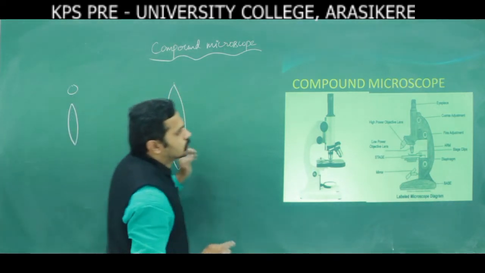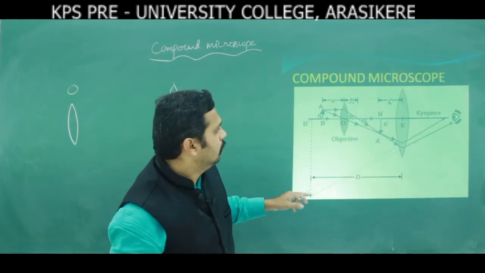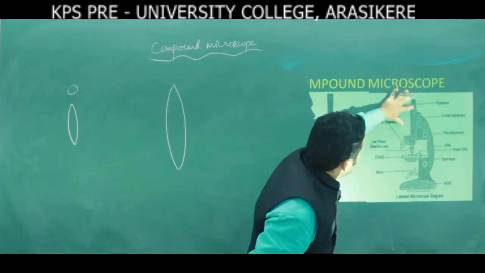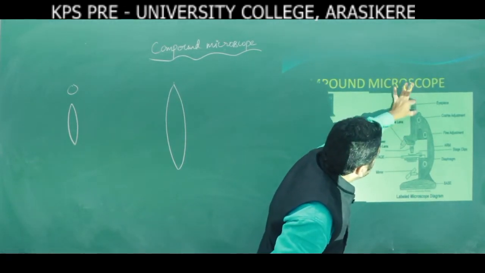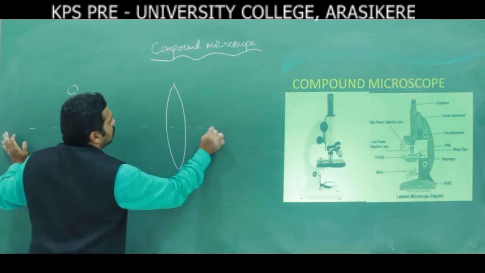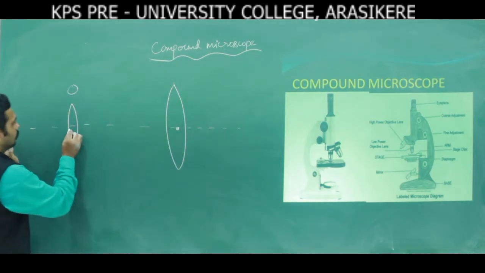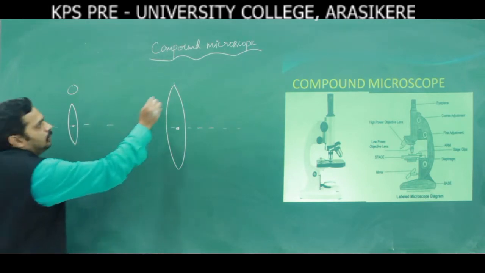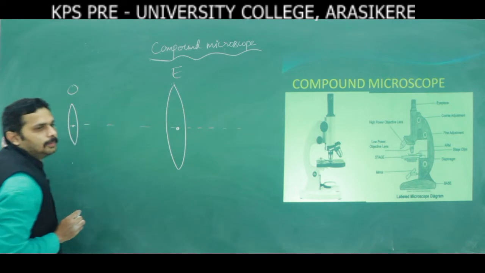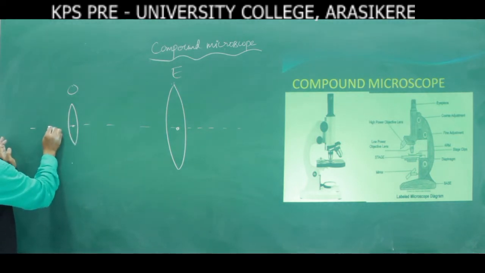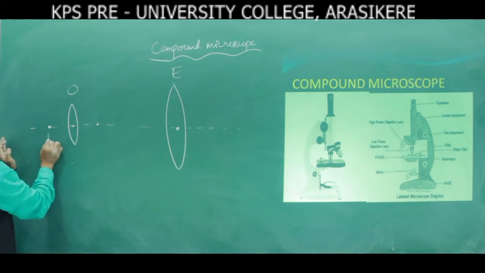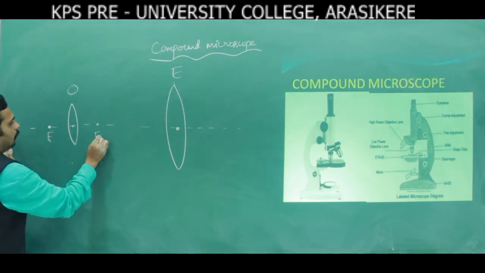It consists of one tube, which holds the eyepiece lens and the objective lens. The two lenses have a common principal axis. You have to place the two lenses with a common principal axis. For the objective lens, you know the two focus points, f0 and f0 dash.